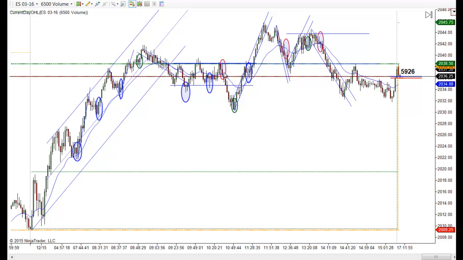I'll be honest with you, you can't tell hardly any difference whatsoever between the 6500 and the 2000 tick chart these days. They're almost identical. And there's not a whole lot of difference between a 6500 volume and a 5500 volume.